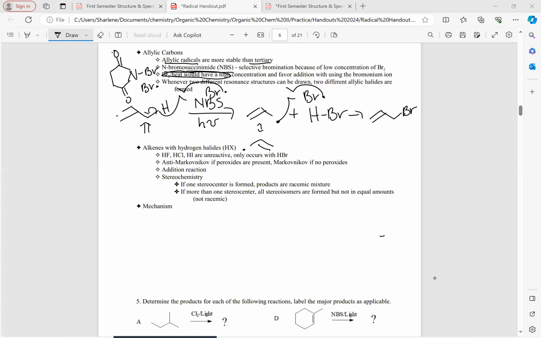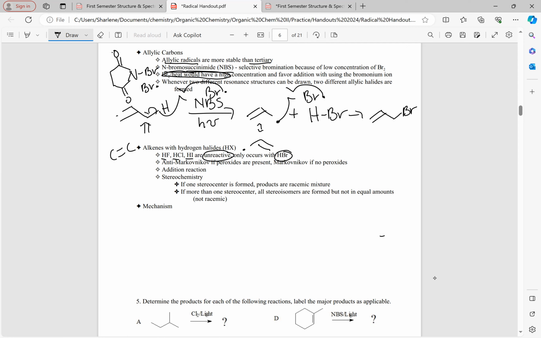All right, those were our two carbon-hydrogen reactions. Okay. Whoops, that's supposed to say CC. All right, let's look at our carbon-carbon double bond. HF, HCl, and HI are pretty much unreactive, so the only one that's going to happen is HBr.